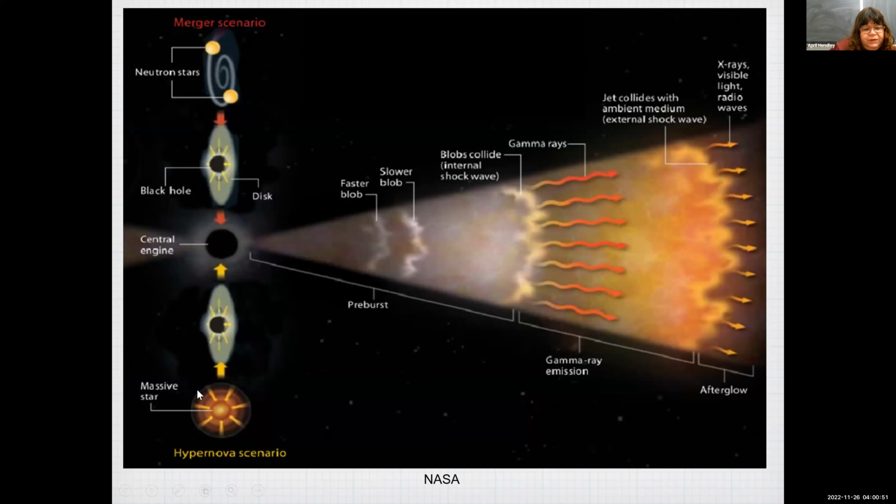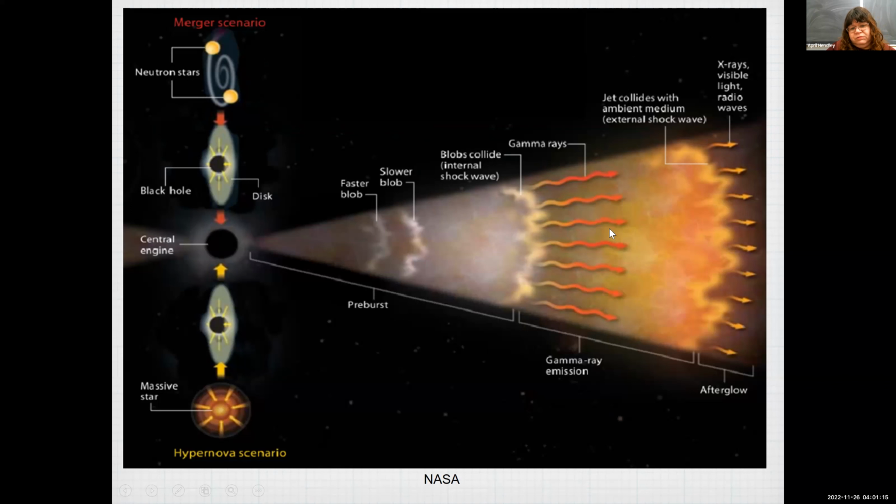So the one for massive stars here, you have the massive star, the core collapse, the black hole, and the accretion disk, and then you get the jet. And inside the jet you get these shock blobs, some moving faster, some moving slower. They collide with each other. You get internal shocks, and you get the gamma ray burst from that.